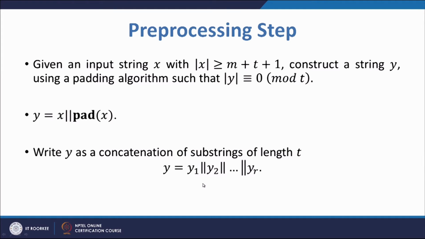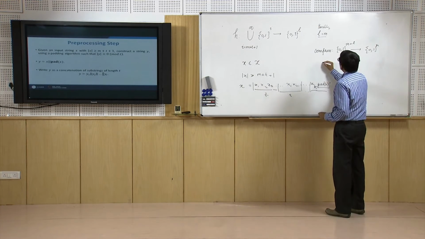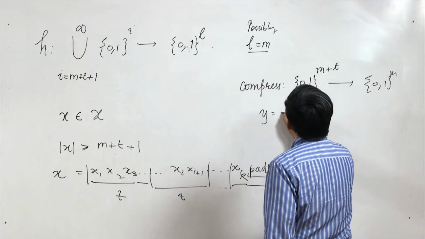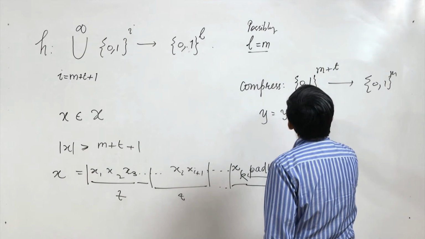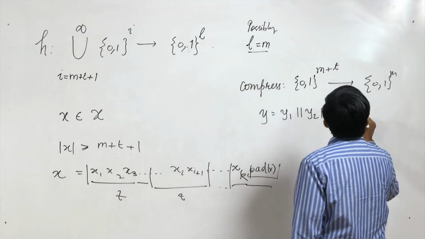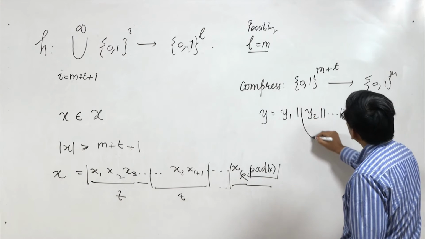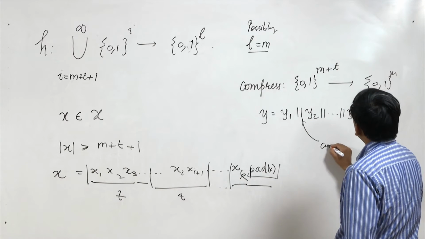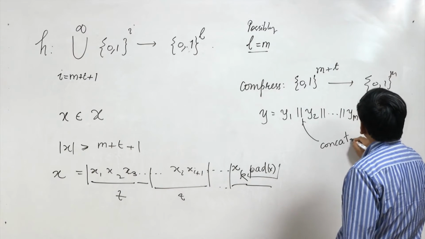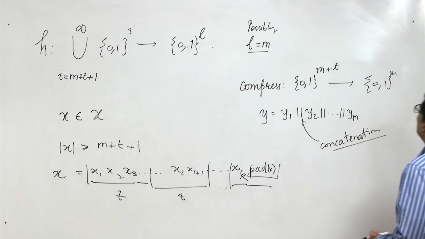Now, at this point I will clarify one symbol. If we write something like this, this means concatenation. All right.